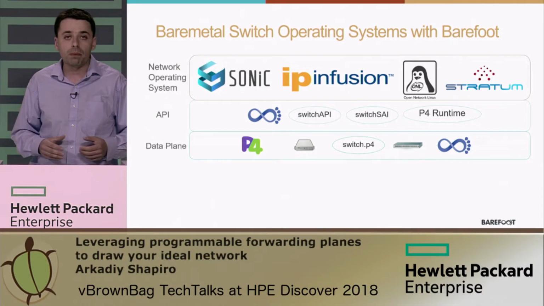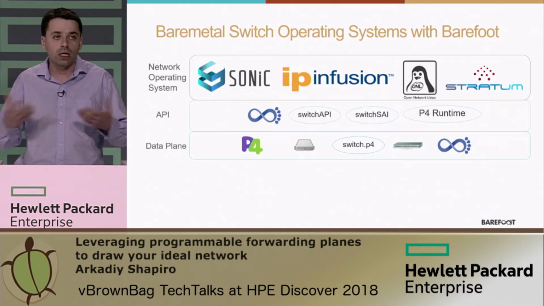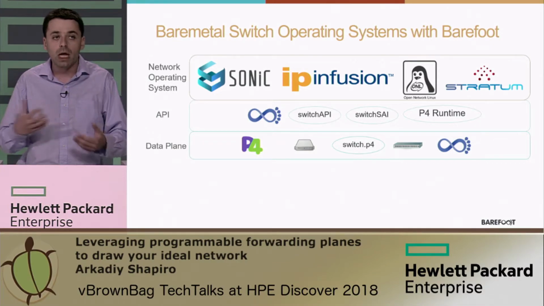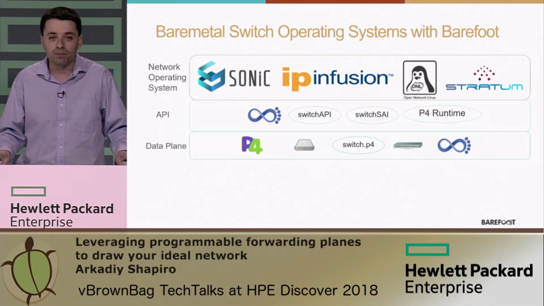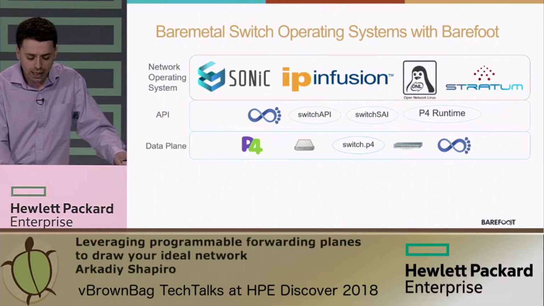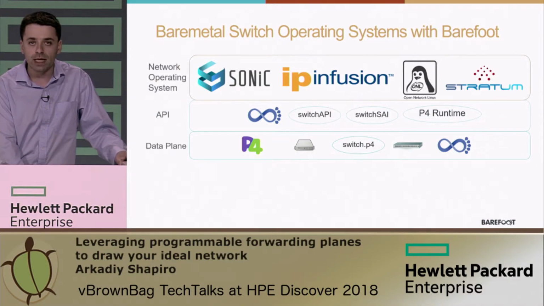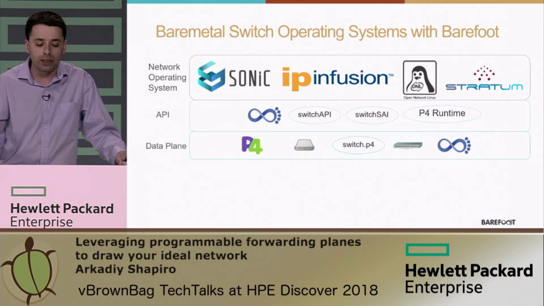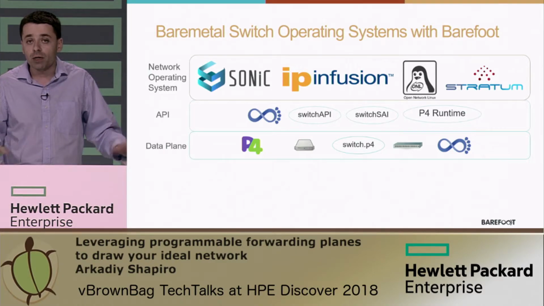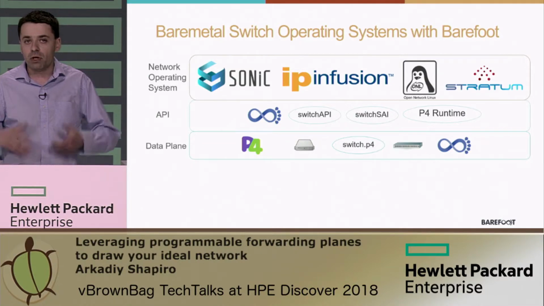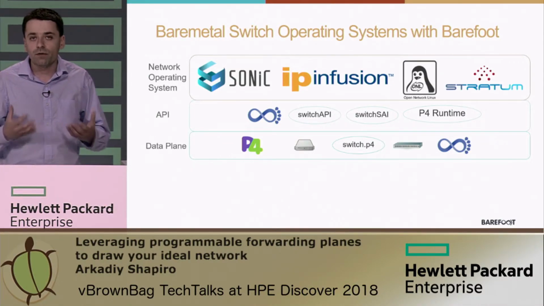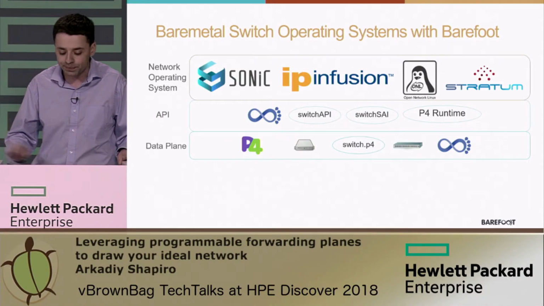But now you get to leverage the power of bare-metal switching, and you have the flexibility of loading it on multiple different systems. There are a few other open source examples as well, including Open Network Linux and Project Stratum, which is a new open source OS designed for SDN environments. That project was started only a few months ago by the Open Networking Foundation.